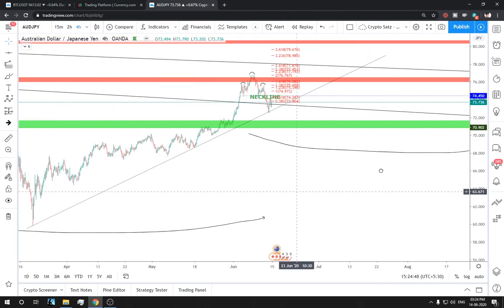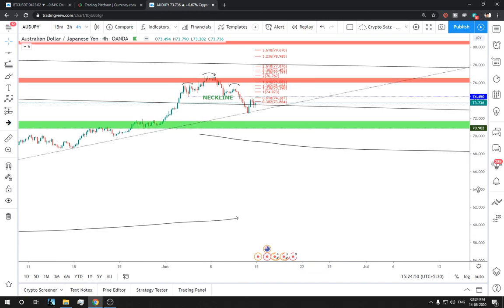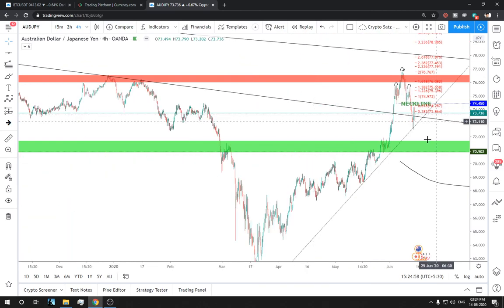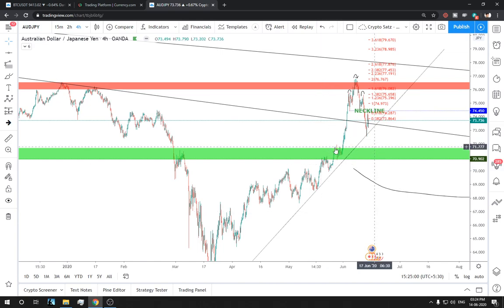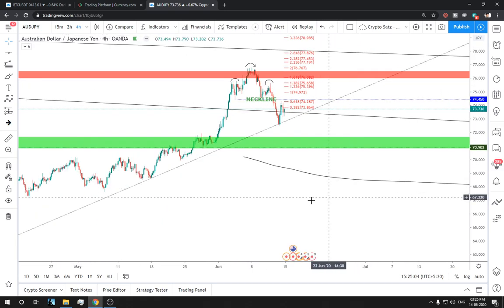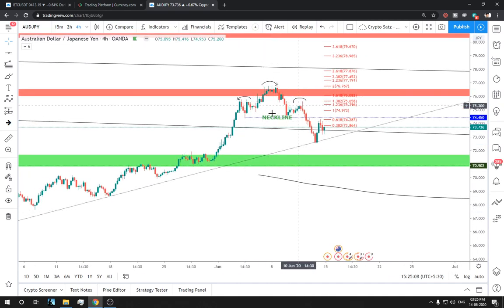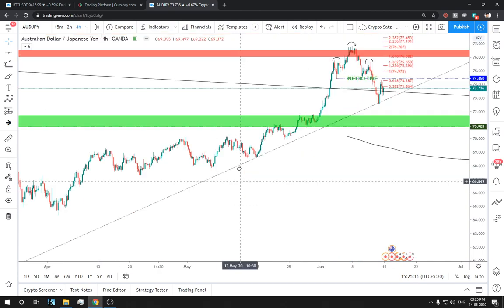I would want to see, in the coming weeks, a break above this resistance. If this resistance breaks and goes above, then this is for sure the right shoulder we are looking for on the larger time frame.